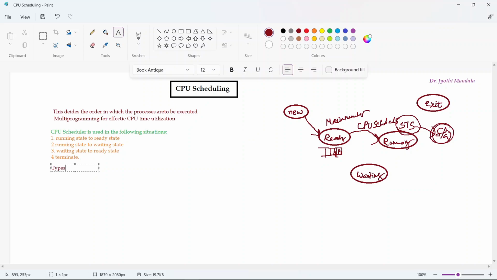We have two types of scheduling. The first category is called preemptive scheduling, and the second category is called non-preemptive scheduling.